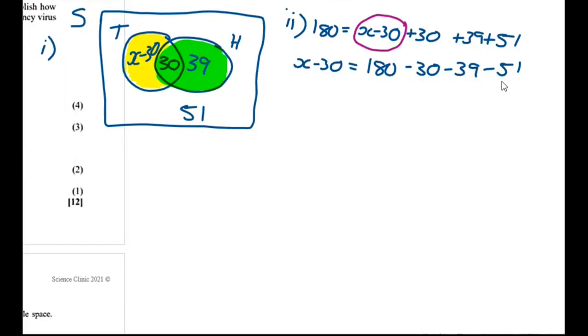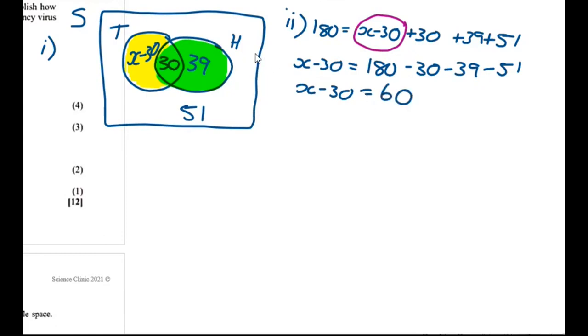And you can just do that subtraction straight away. That would give you an answer for X minus 30. So X minus 30 would be 60. Am I right?